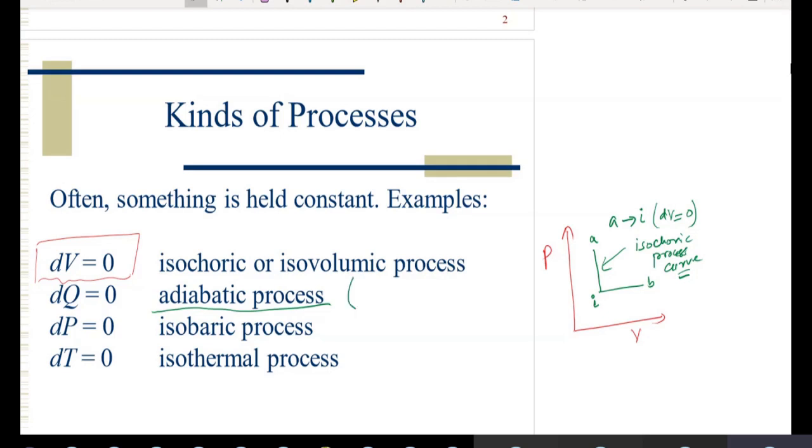We can also call this a process in which the system is thermally insulated.